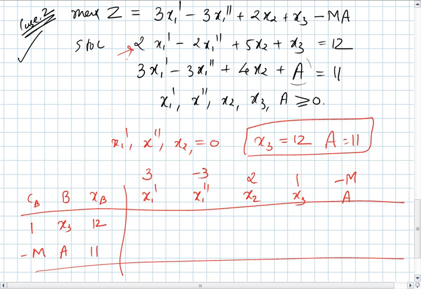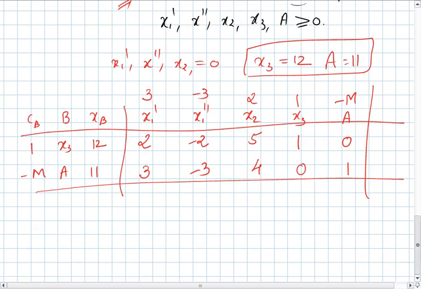In the first constraint, x1' coefficient is 2, x1'' is -2, x2 is 5, x3 is 1, and the artificial variable is not appearing. From the second constraint, x1' coefficient is 3, x1'' is -3, x2's is 4, x3 is not there, and a's coefficient is 1.